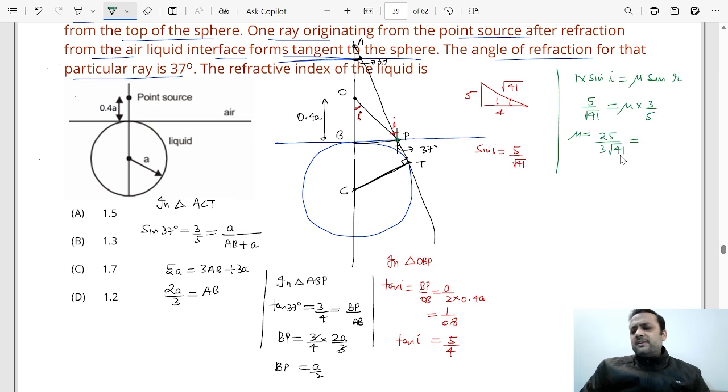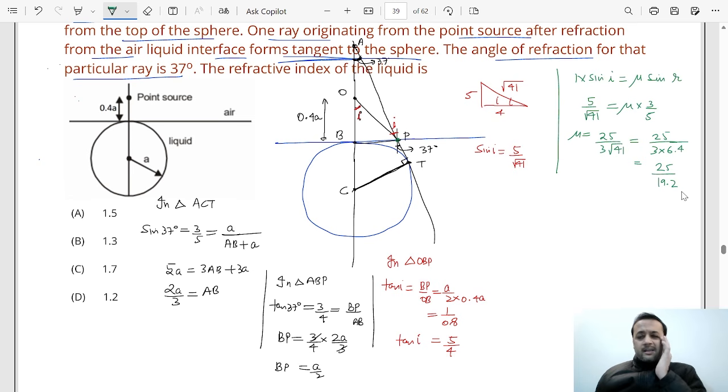Now see, 25 by 3 root 41, if you do the rough calculations, root 41 will be nearly 6.5, so we can take about 6.4. So 25 upon 3 into 6.4: 6 threes are 18, so roughly 19.2.